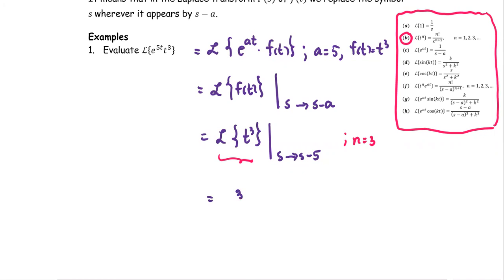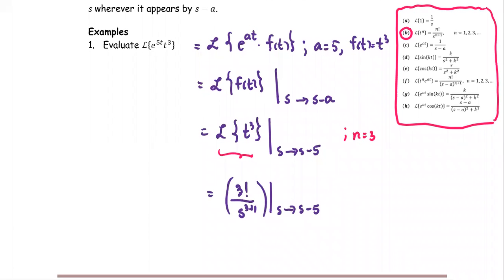So it'll be 3 factorial divided by s to the power 3 plus 1, but we translate s to s minus 5. So this becomes 3 factorial is 6 divided by s minus 5 to the power 4, as the Laplace of e to the 5t times t to the third. Okay, that's the first problem.